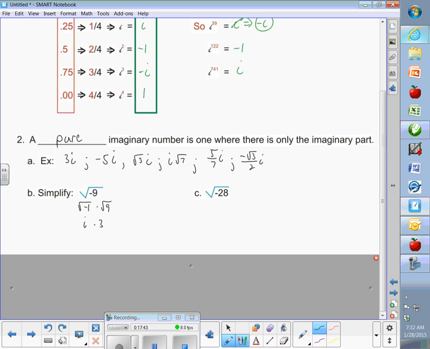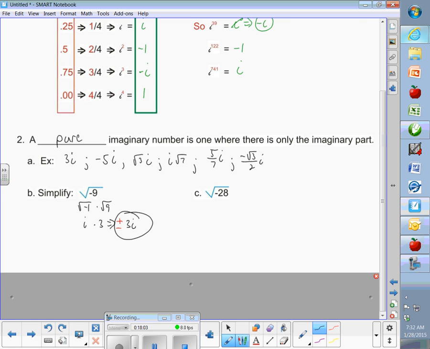It is 3. Now, you have to be careful. Imaginary numbers always come with a conjugate. So this is really plus or minus 3i. The 3 for the square root of 9, the i for the square root of negative 1, and include the conjugate.